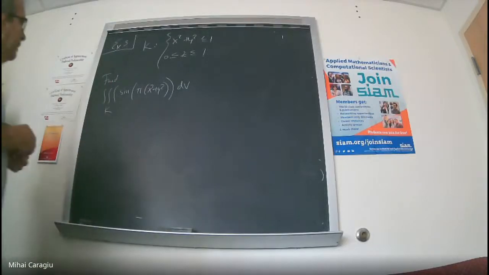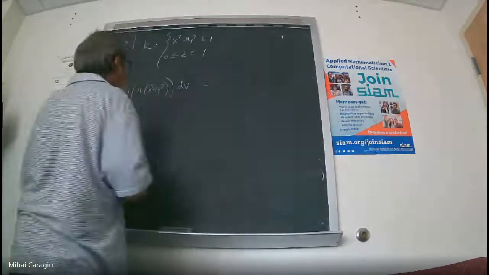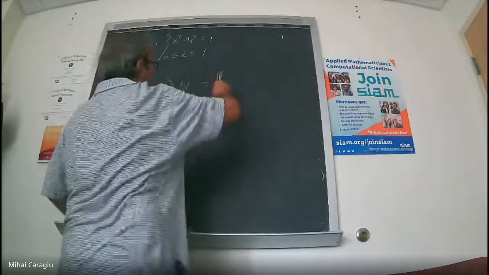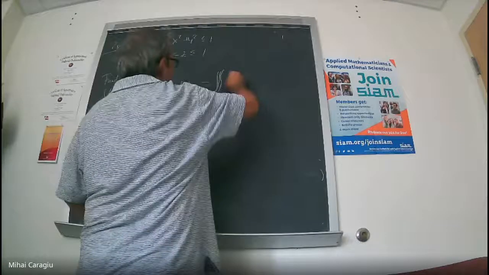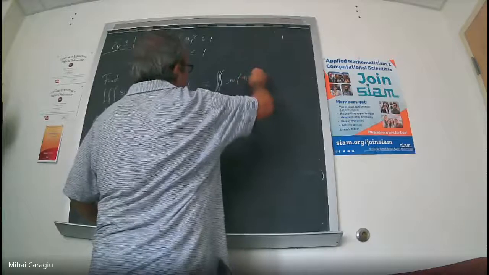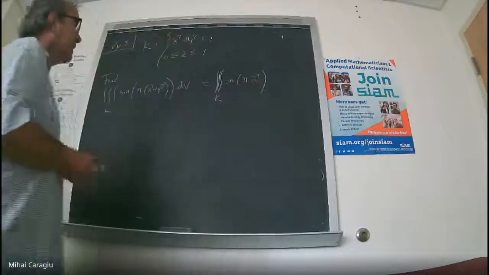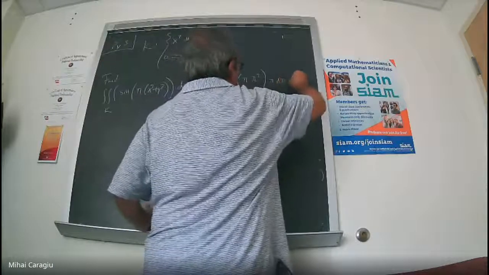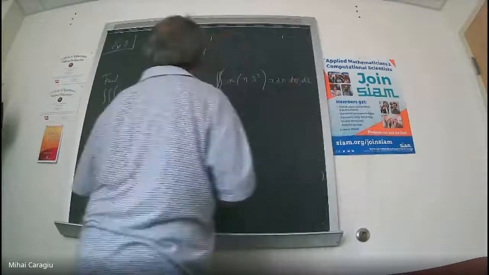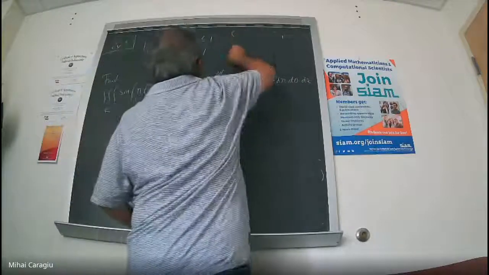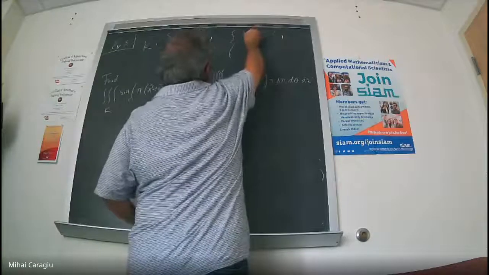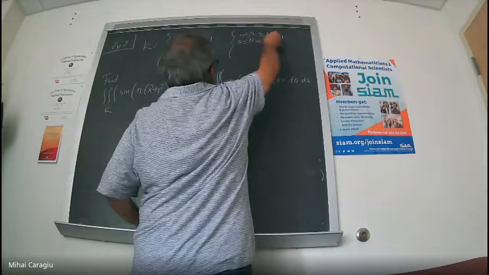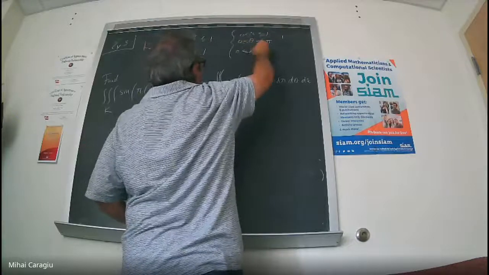Okay, so let's see what we get here. In cylindrical coordinates, it is the triple integral over K of sine of pi r squared, because x squared plus y squared is r squared, times r dr d theta dz. So again, in cylindrical coordinates, r is between 0 and 1, theta because of rotational symmetry from 0 to 2 pi, and z is from 0 to 1.